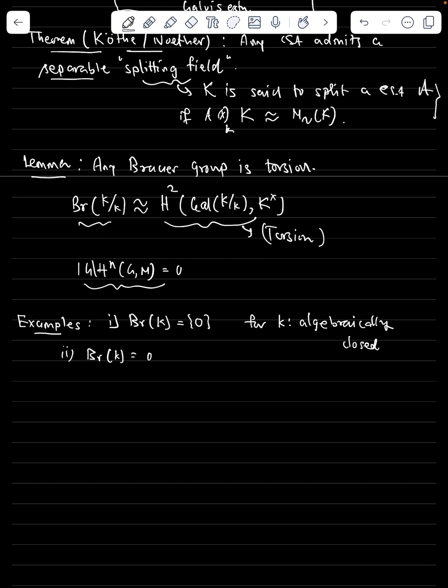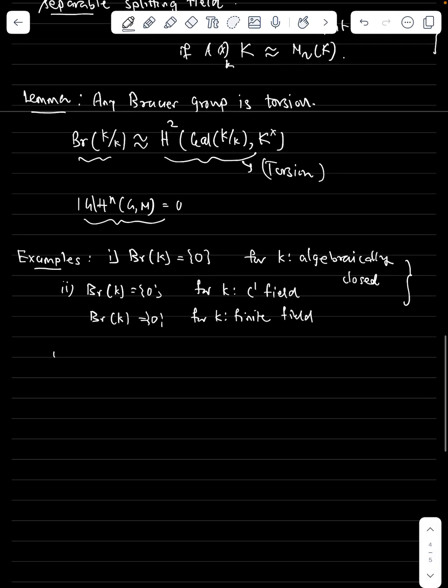For those fields also the Brauer groups are zero. I think it's also called a C1 field, and this also includes all the finite fields. So for all of these, the Brauer groups are zero, or trivial.